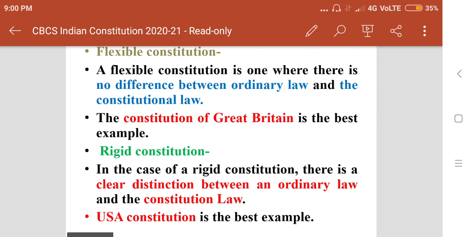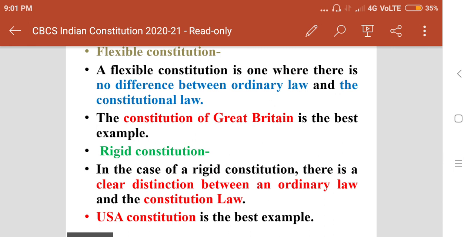So in the modern world, every state, whether democratic or dictatorial system, everywhere there is a constitution. Some countries may have a written constitution, or some countries may have an unwritten constitution. So there is a constitution in every state. According to the provisions of the constitution only, the government is looking after the administration.